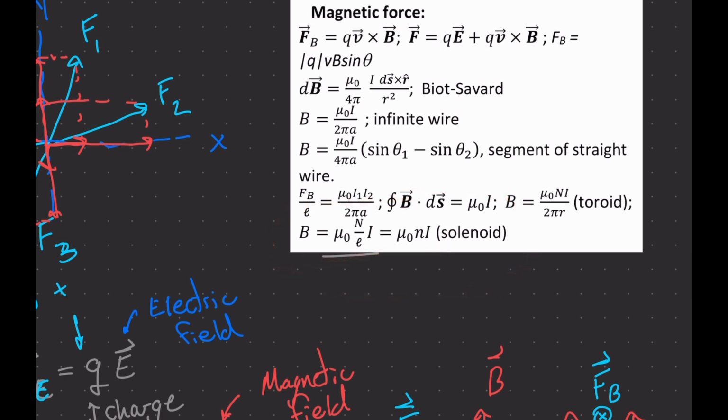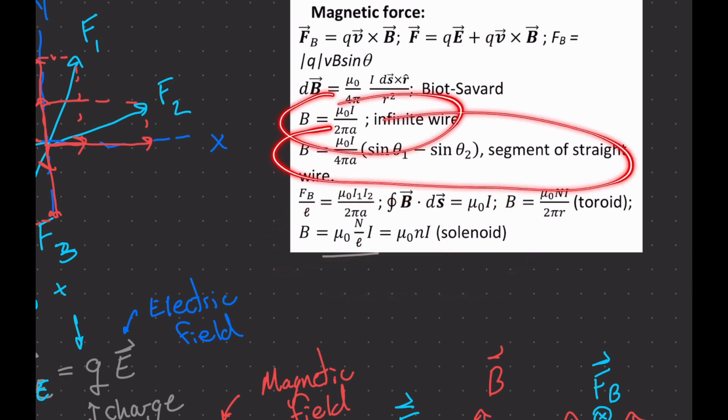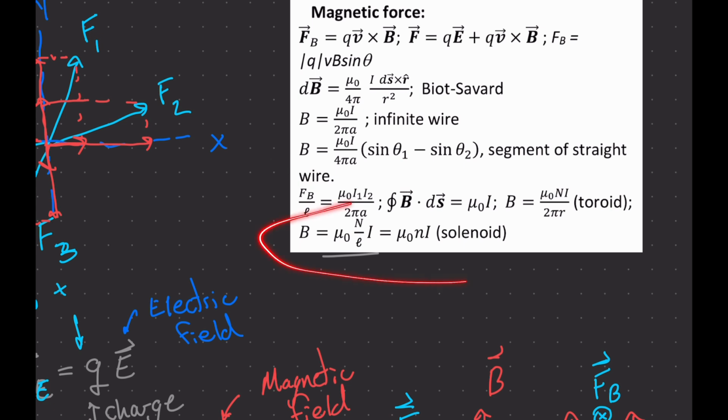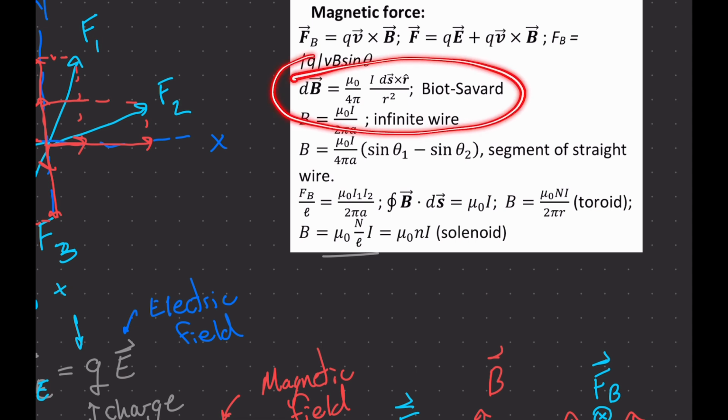Cool. So we went over infinite wire, segment of wire, and solenoid, and we went over how we can use Ampere's law. Remember, all of this comes from the Biot-Savart law, but Ampere's law is much easier to use in a pinch. It's like using a can opener for a can instead of using a shotgun to open a can.